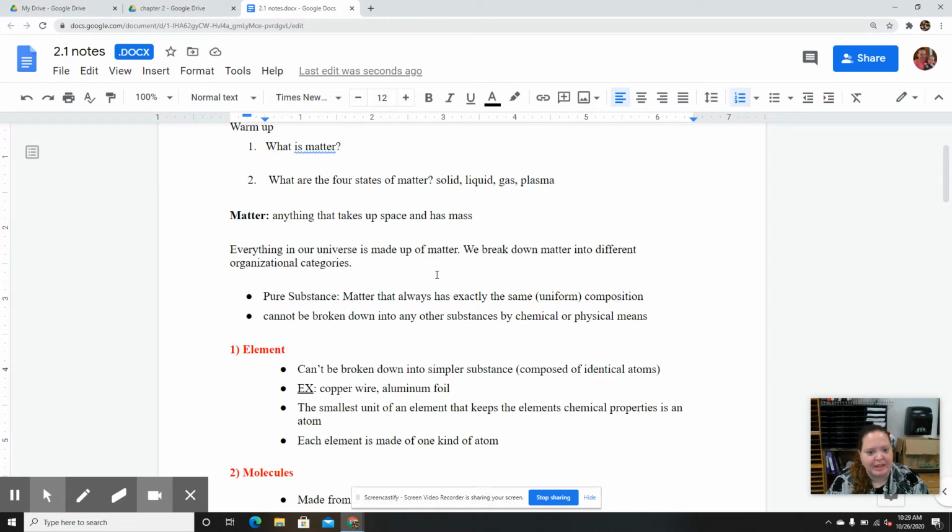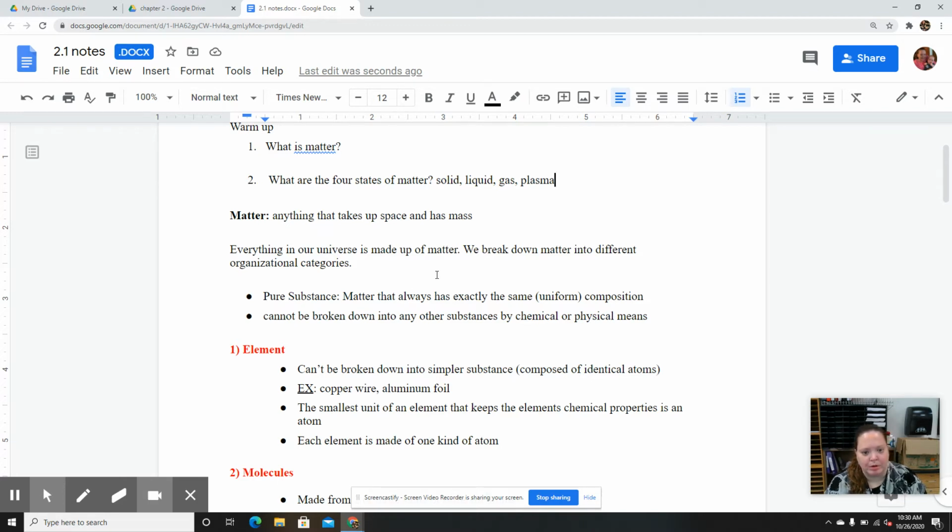The atom is the simplest thing that we can go down to. Now we know we can use atom smashers to break the atom apart into quarks and leptons and fermions and all sorts of things, but that's not by a normal physical or chemical means.